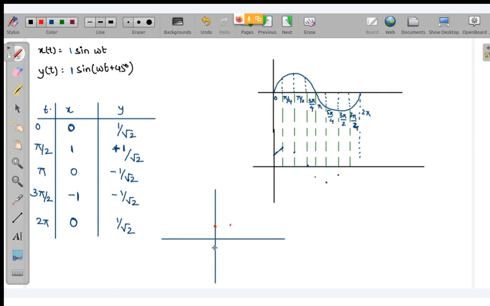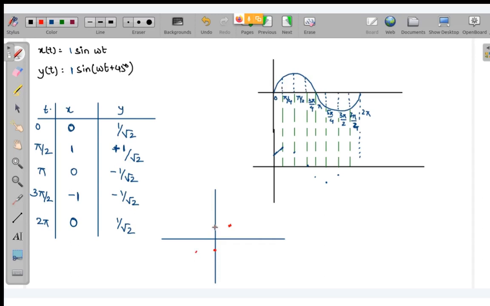Zero, minus 1 by root 2. No, it's correct actually. Let me see. 0, minus 1 by root 2. Okay. Minus 1, minus 1 by root 2. 0, 1 by root 2.